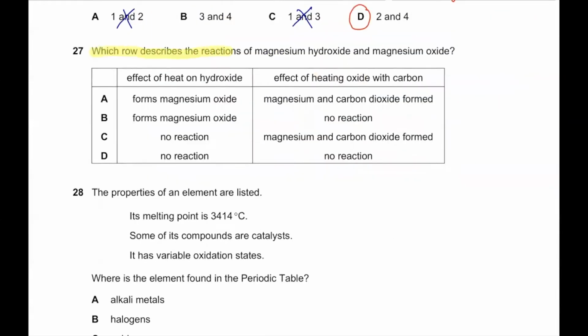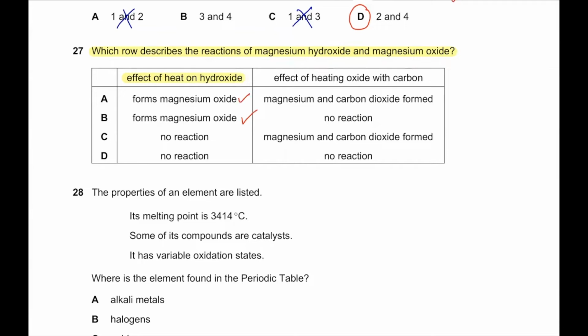Question number 27. Which row describes the reaction of magnesium hydroxide and magnesium oxide? Effect of heat on hydroxide: if we heat magnesium hydroxide, we know that it forms magnesium oxide.